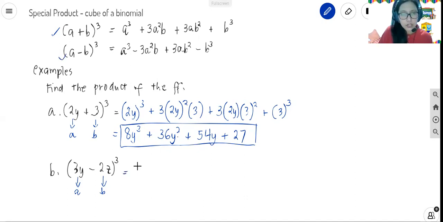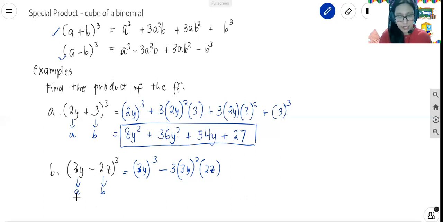So let us cube the first. That's (3y) cubed, minus 3 times the square of the first times the last. You don't need to write the negative sign together with the last term because we already wrote the negative sign here. Because the pattern is for minus, there's no need to put the negative again.